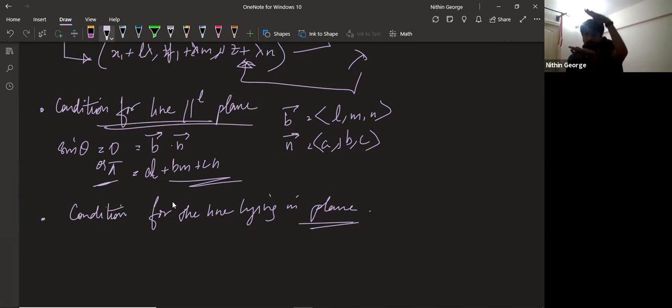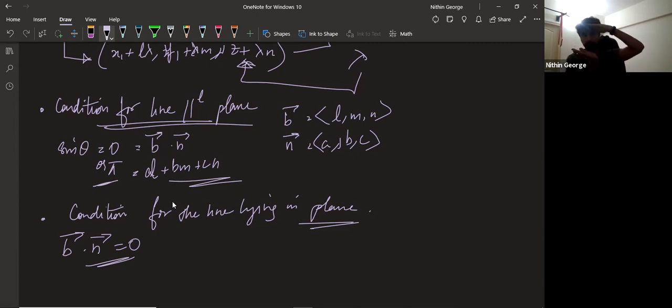It's just parallel to the plane, the condition we just learned. What is the condition for it to lie in the plane? First is this one: B dot n should be equal to 0. That is obvious. It has to be parallel to the plane. But for it to lie in the plane, any point on that line should also lie on the plane. If any point lies on the plane, it means that the entire line lies on the plane.